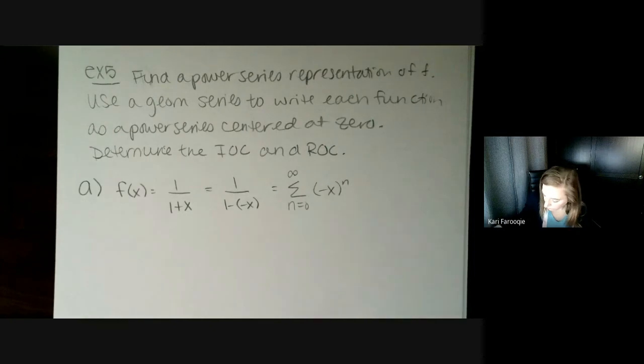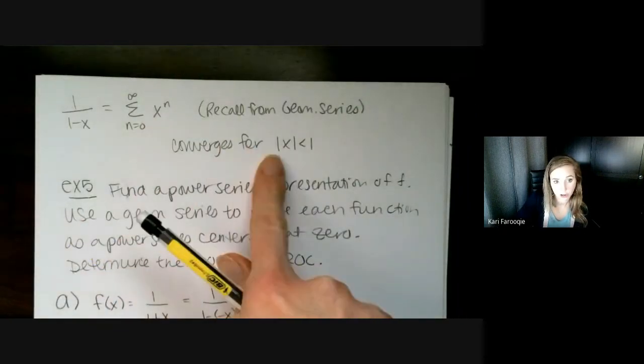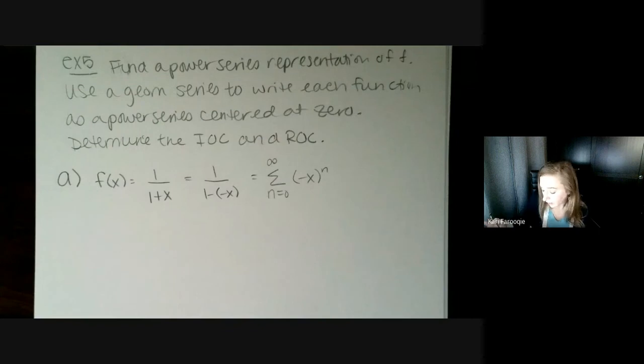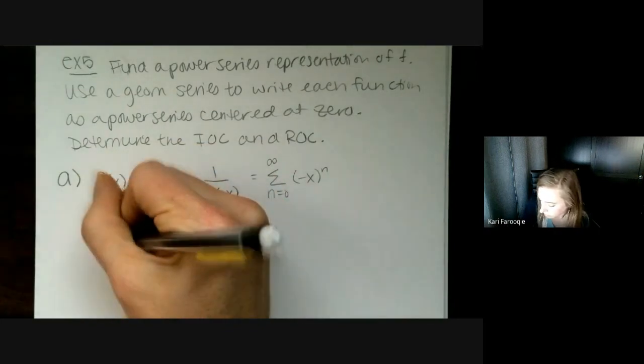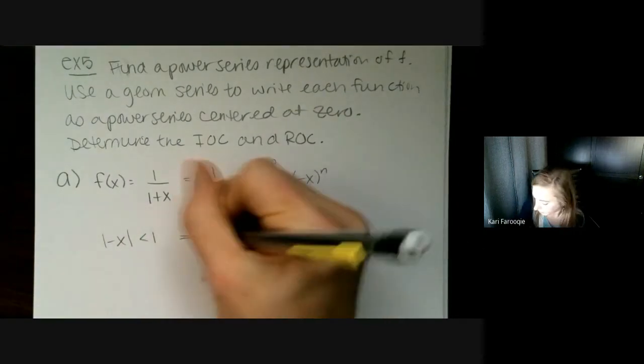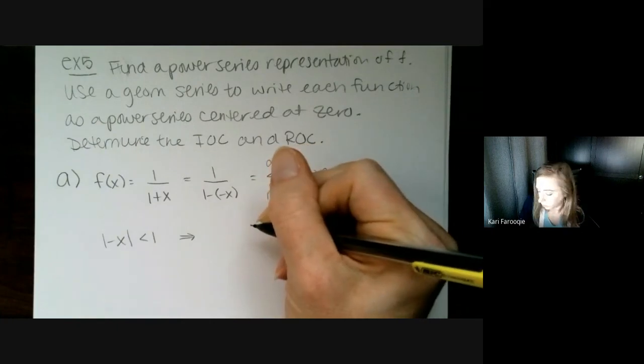And once you have that, now we're going to take that variable and force it to be less than 1. So instead of saying the absolute value of x is less than 1, you're technically saying the absolute value of negative x is less than 1, which is really the same thing. It's absolute value, so it's going to work the same way.